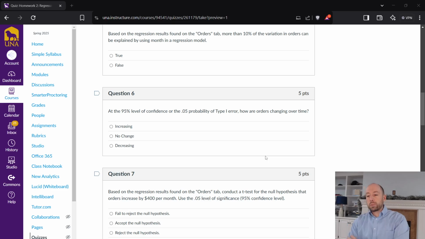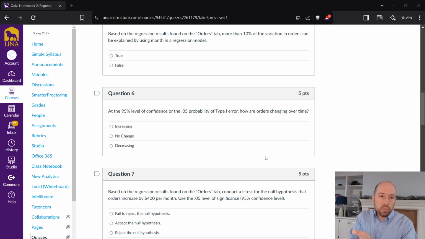At the 95% level of confidence, or the 0.05 probability of type 1 error, of course a type 1 error is the risk of accidentally rejecting a null hypothesis when the null hypothesis was true. A type 2 error would be the other way around, where you failed to reject a null hypothesis when the hypothesis itself was false. How are orders changing over time?